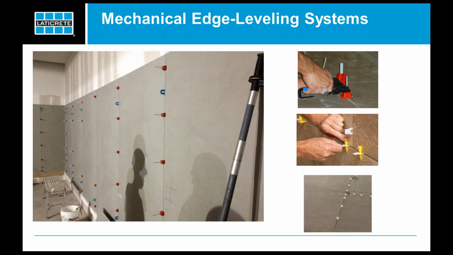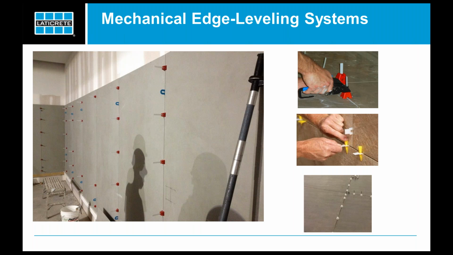Okay, so even when you're embedding these materials, we showed these photos a little earlier about edge leveling. So this is also different than your typical large format standard thickness materials. These edge leveling systems can really help to minimize that lippage and almost eliminate it. So you see different types that are used here.